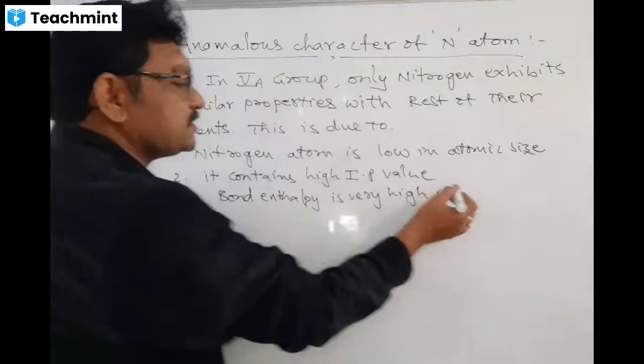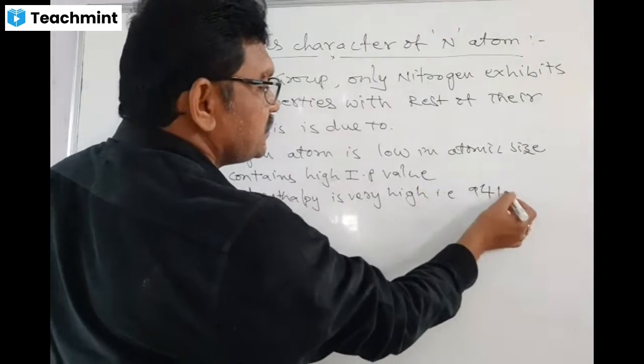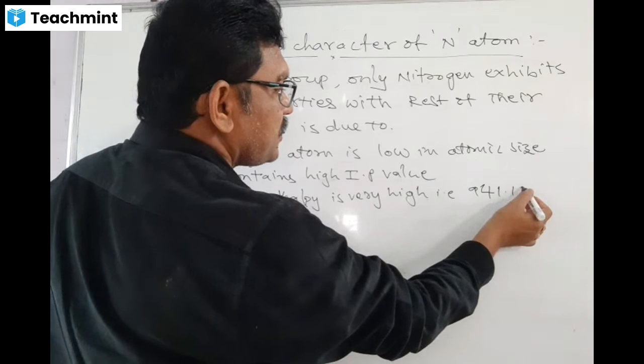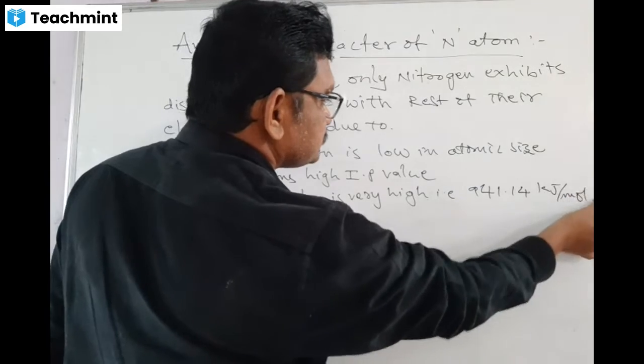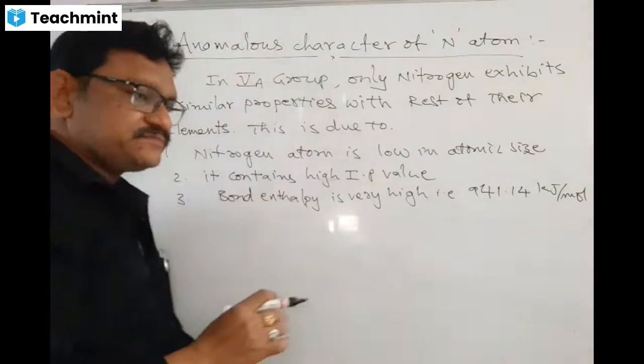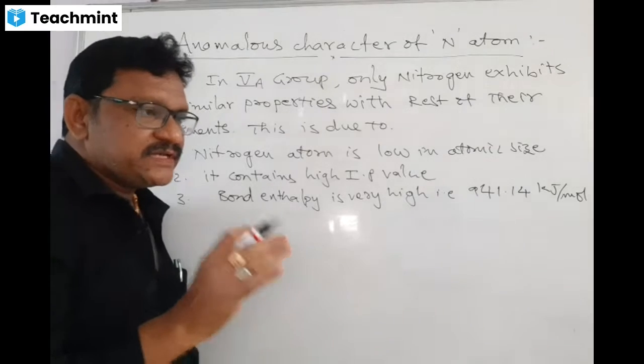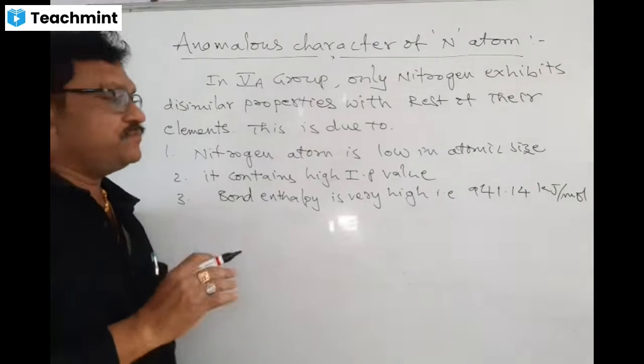That means 941.14 kilojoules per mole. This is very high when compared to elements of the same group.